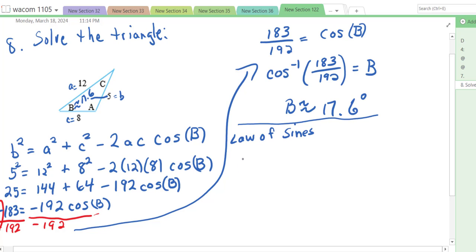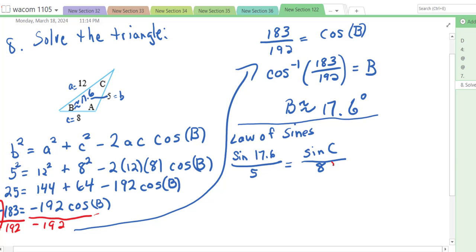All right, so the one I have is the B, so I'm going to put sine of 17.6 over 5 equal to, and C will be my smaller angle. So sine of C over 8.